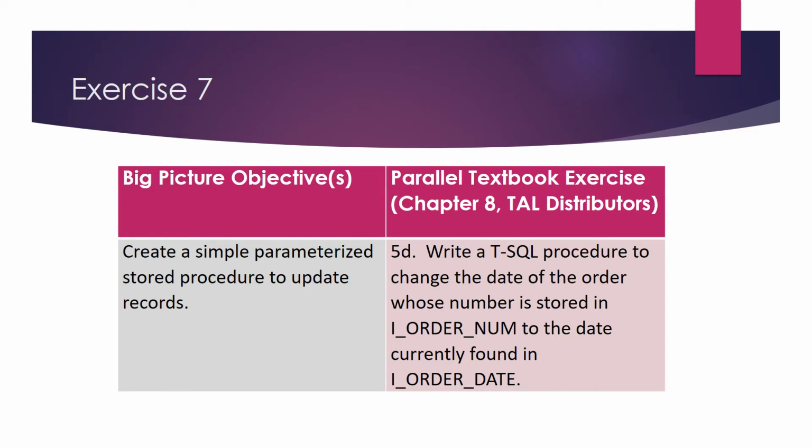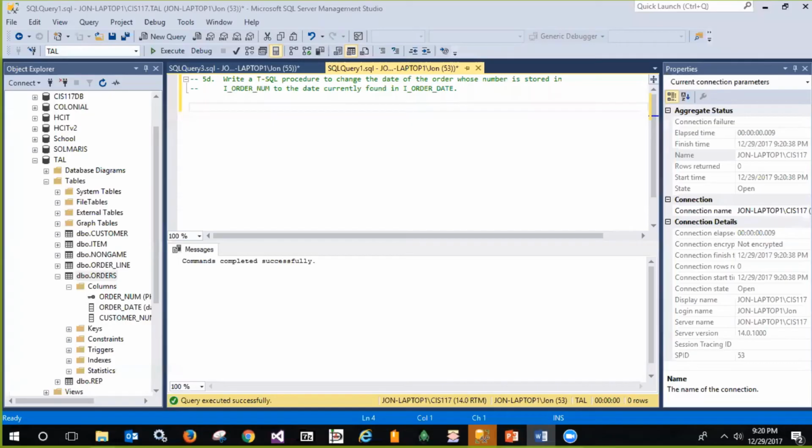Our exercise 7 objective is to create a simple parameterized stored procedure to update records. All right, our exercise 7 is going to use as a parallel TAL 5 part D, and that says write a T-SQL procedure to change the date of the order whose number is stored in iOrderNum to the date currently found in iOrderDate. And as we've kind of figured out, this is very Oracle style.